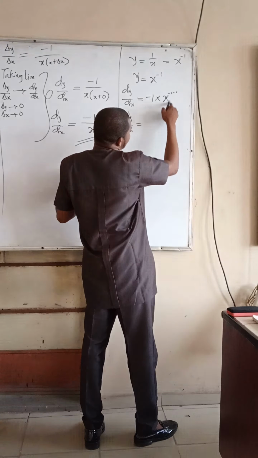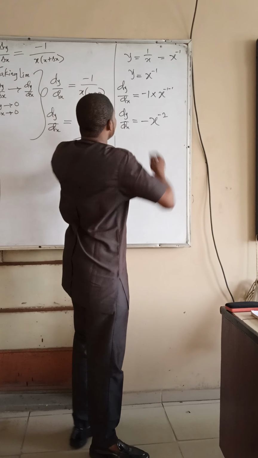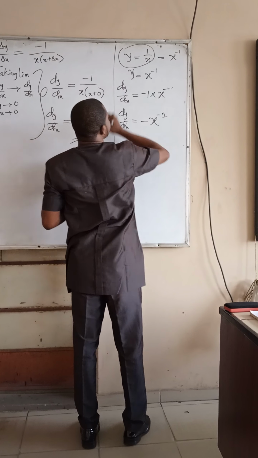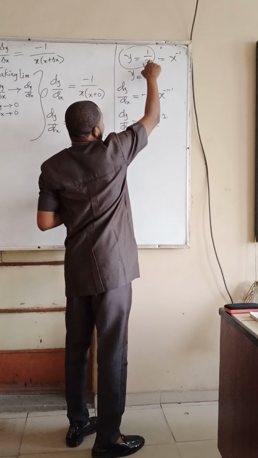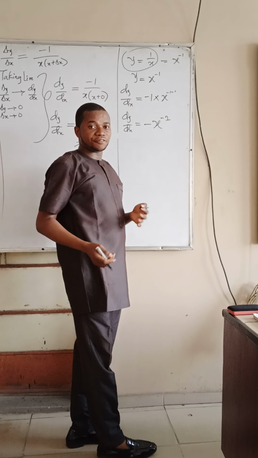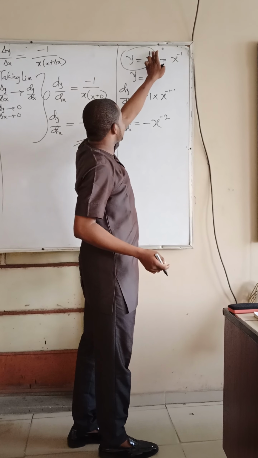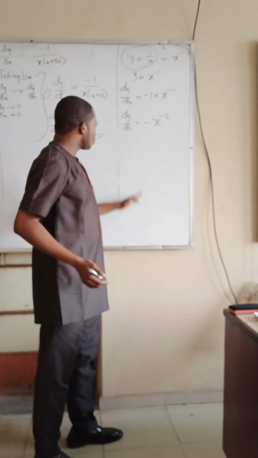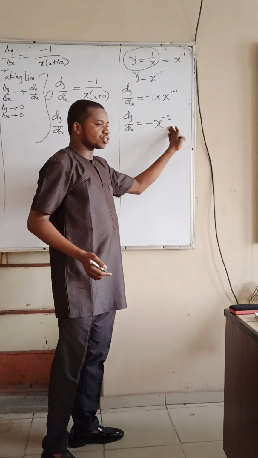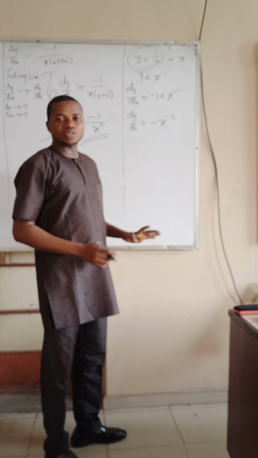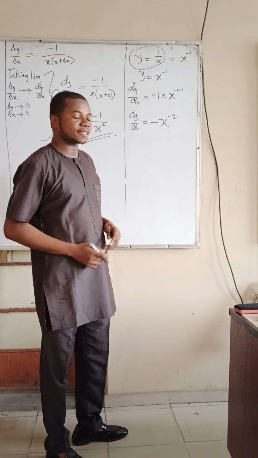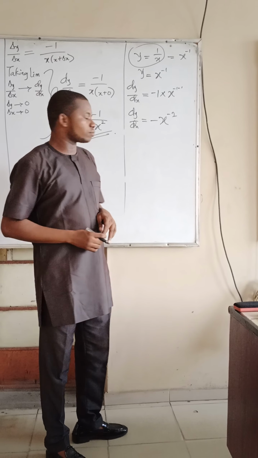Looking at this, this is the format in which our question came. We say that y is equal to 1 over x. 1 over x is a fraction. We have numerator, denominator. So here we are going to transpose this to fraction. And once you have successfully done that, then we are good to go.